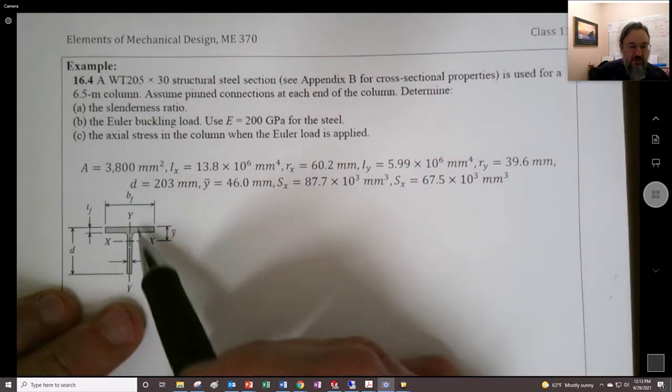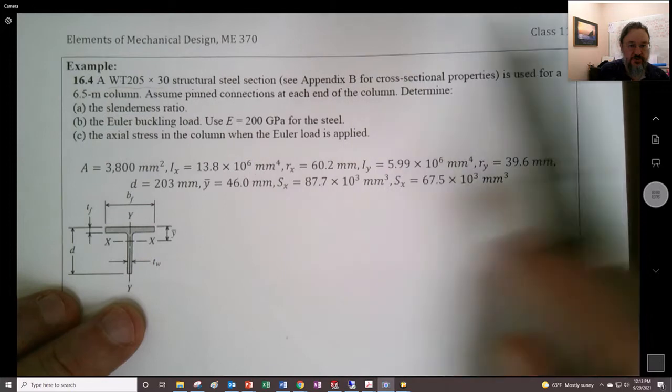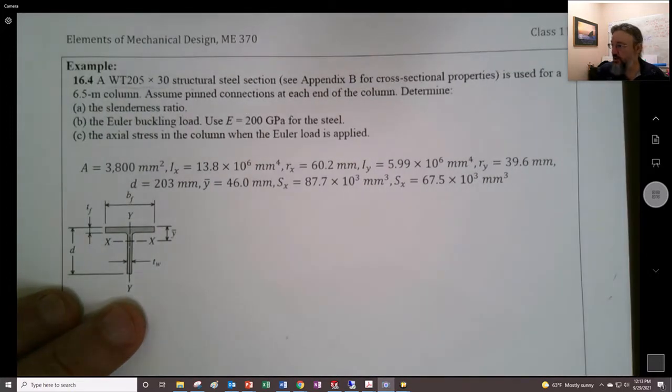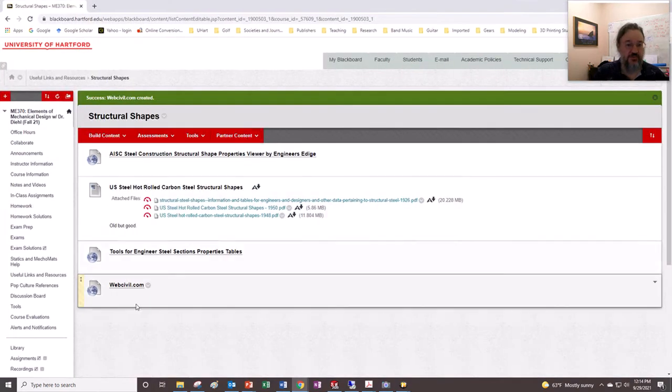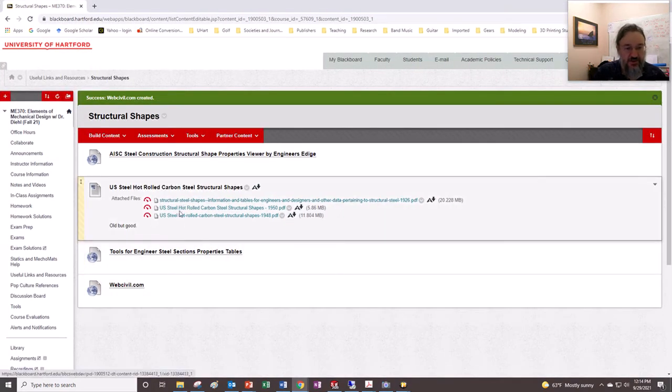Here are the properties of this structural shape, and I went ahead and added to our blackboard a useful links and resources section. I found a couple of places, not very many. Here are the United States American structural shapes that we used previously for an assignment, like homework 1.